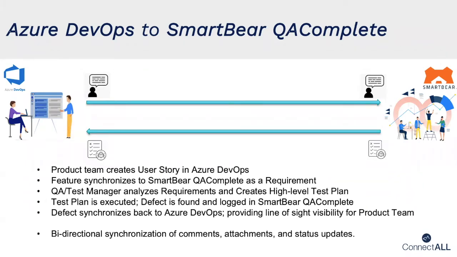As testing unfolds during a given sprint, the application development team is made aware of any bugs that are uncovered and logged to SmartBear QAC. And to end today, I will show you how simple it is to create an integration with ConnectALL in 3 easy steps.